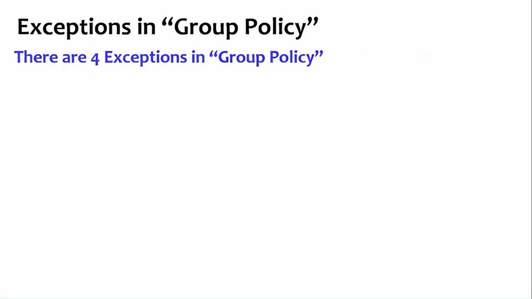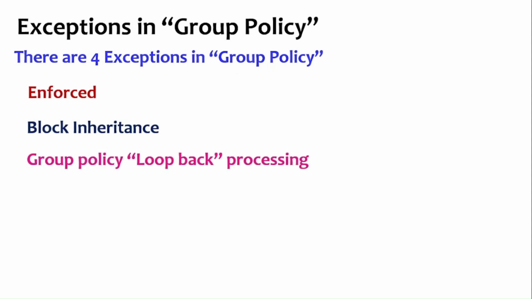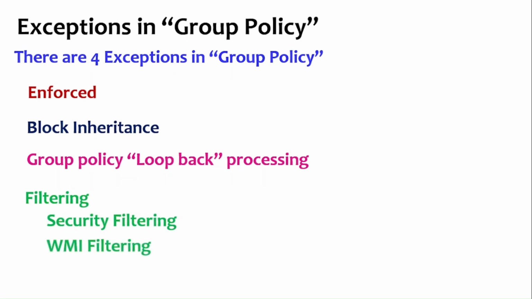There are 4 exceptions in a group policy, namely enforced, block inheritance, group policy loopback processing, and filtering. And there are 2 types of filtering we can use, and that is security filtering and WMI filtering.